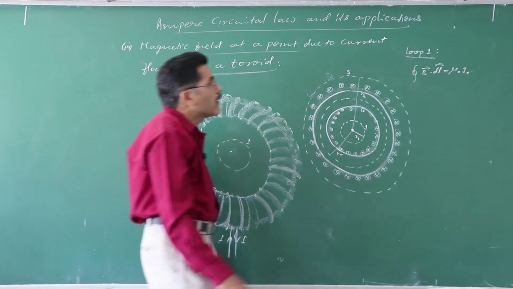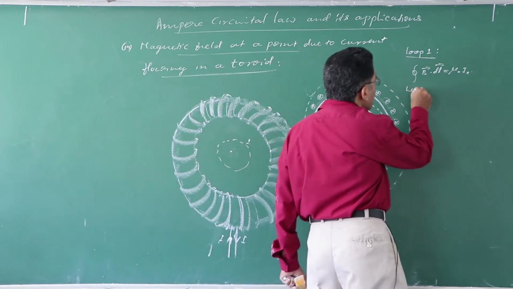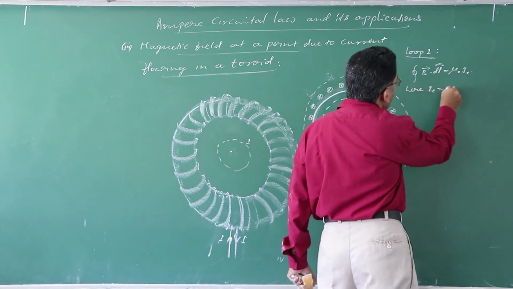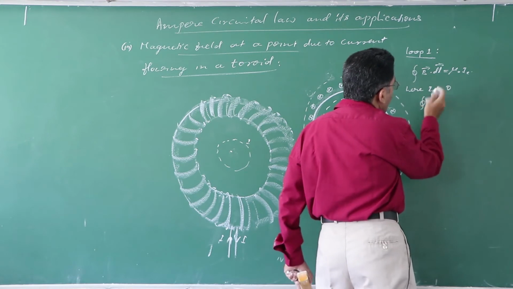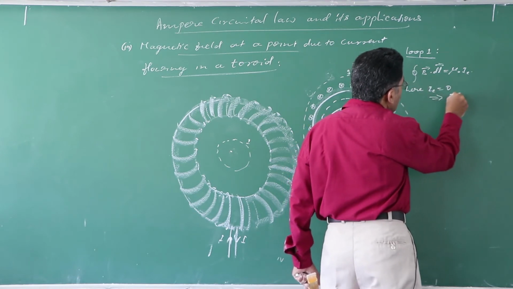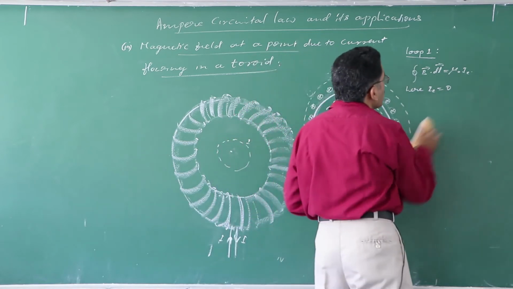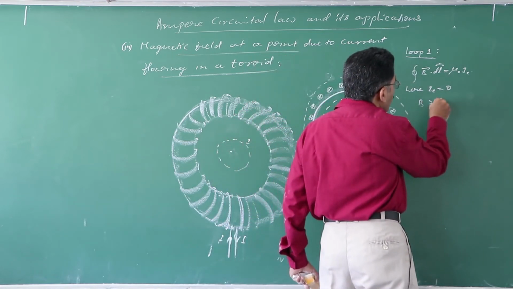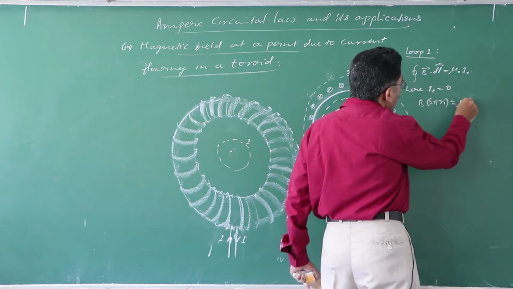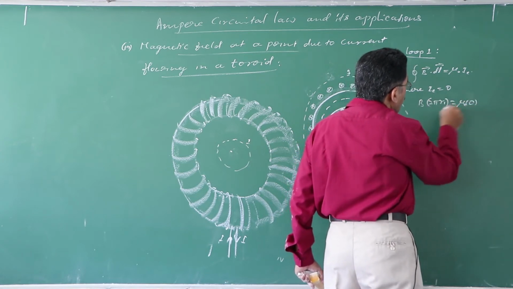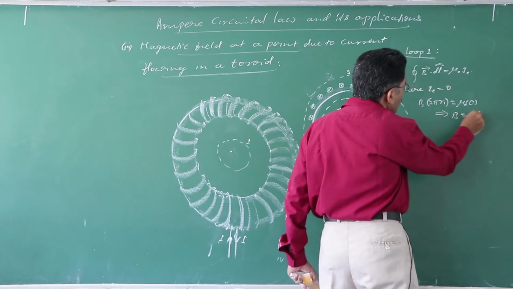Therefore I_E is equal to 0, which implies B into 2 pi R1 equals mu naught into 0, so B is equal to 0.